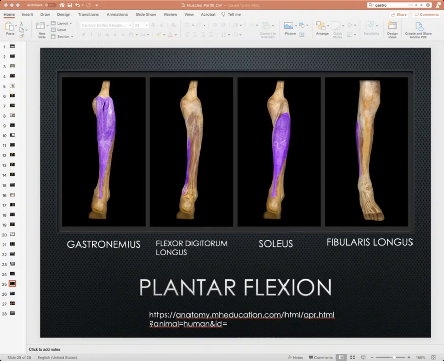Let me show that to you now. So as I mentioned, plantar flexion is when the top of the foot points away from the leg. So let's look at this laterally. There is an example of the foot moving away from the leg.